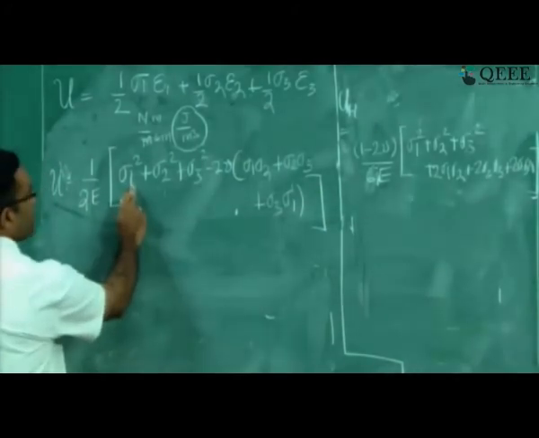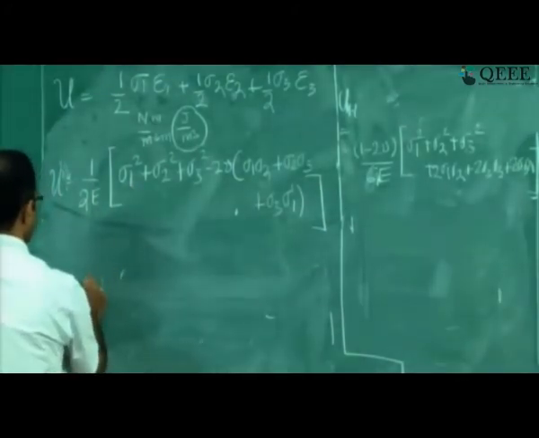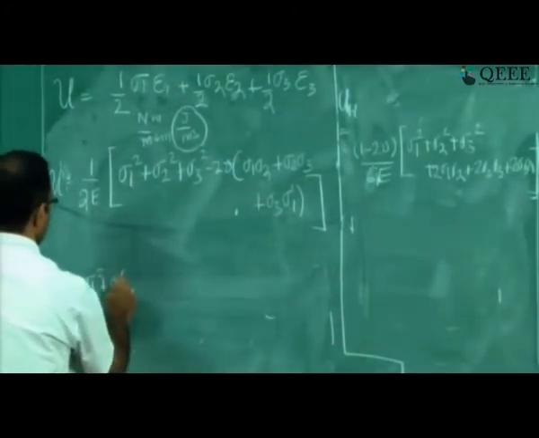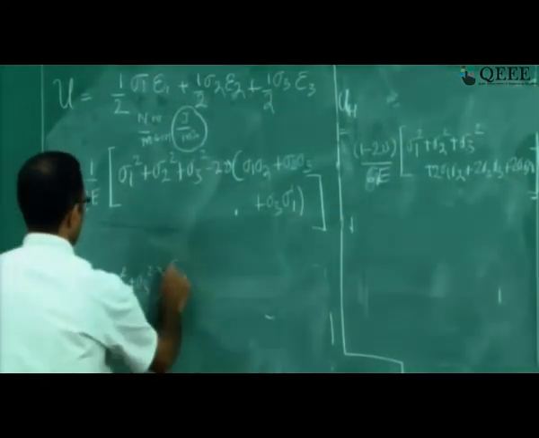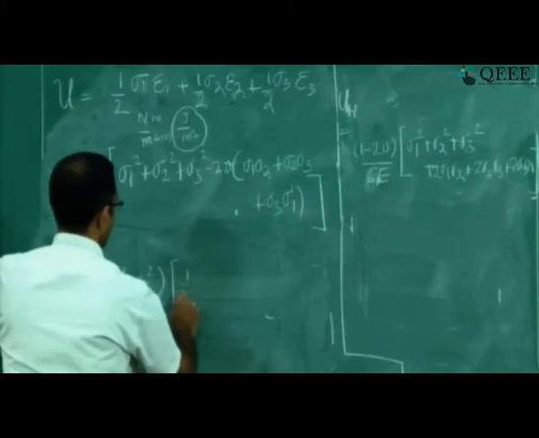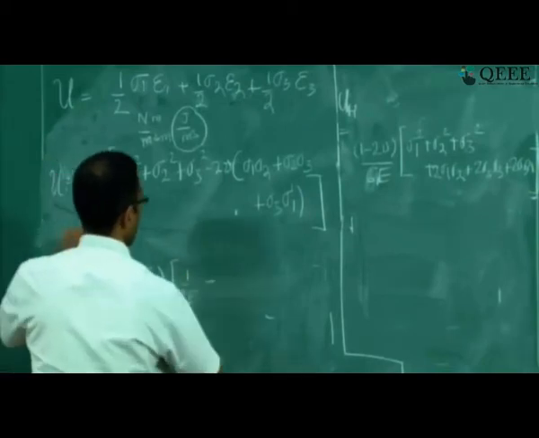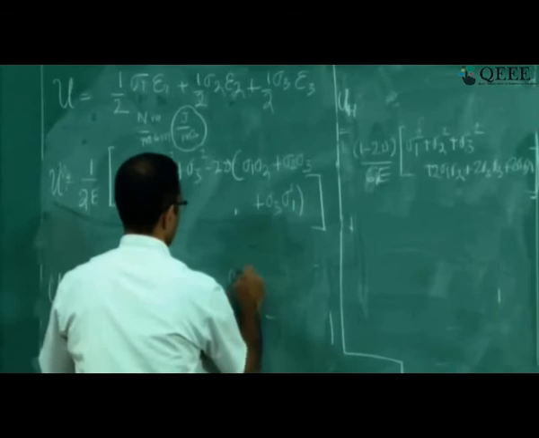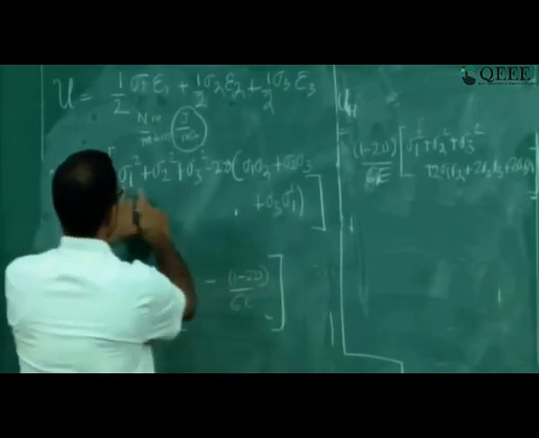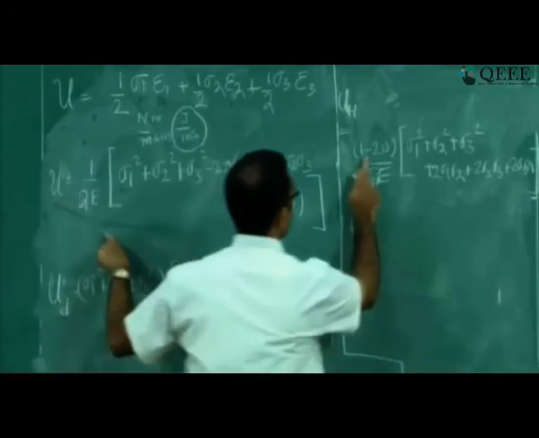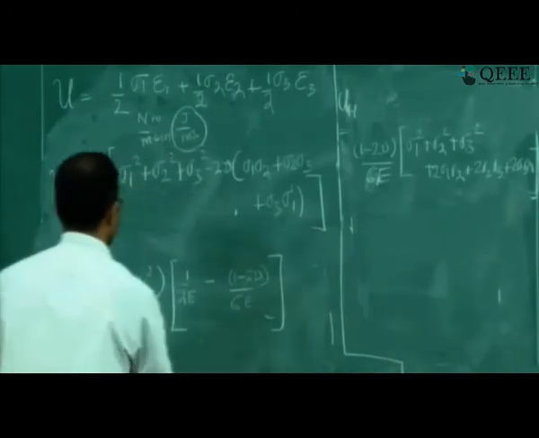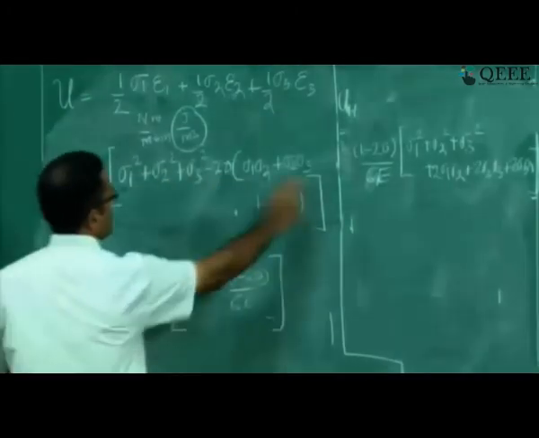You have sigma 1 square, sigma 2 square, sigma 3 square, with coefficient 1 by 2E minus 1 minus 2 nu by 6E, then plus this part.